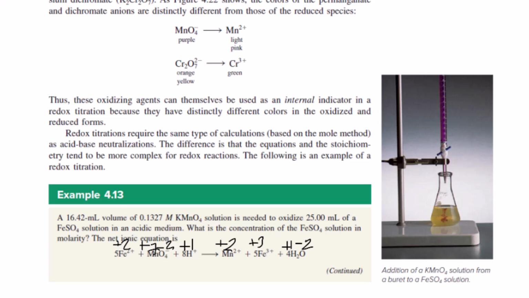All you need to be able to do for a redox titration problem in this chapter is, so okay, you'll be given a balanced net ionic equation that corresponds to the redox titration. Go through the net ionic equation and assign all of the oxidation numbers. Identify what is being oxidized and what is being reduced.